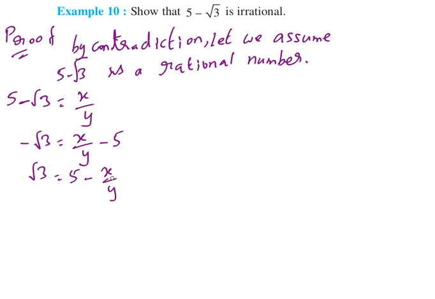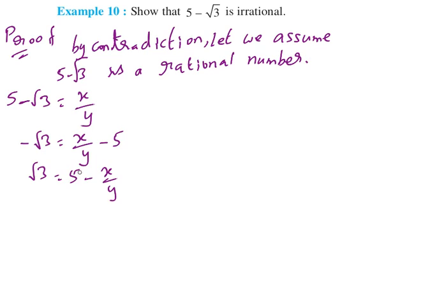According to the definition, a rational number can be written in the form of x by y, y not equal to 0, and x and y are integers. If x and y are integers, 5 is also an integer. So 5 minus an integer will get an integer only. Integer divided by integer will get a rational number.